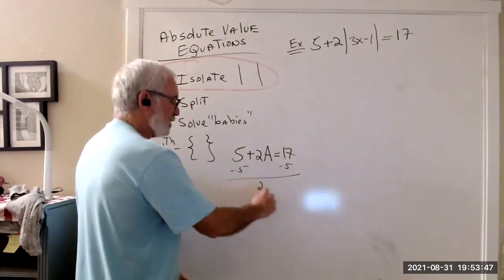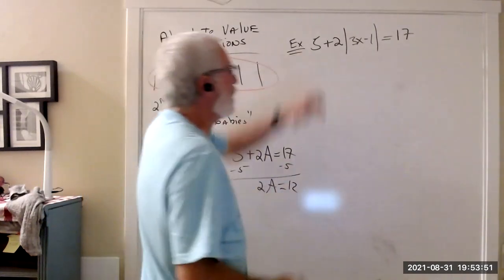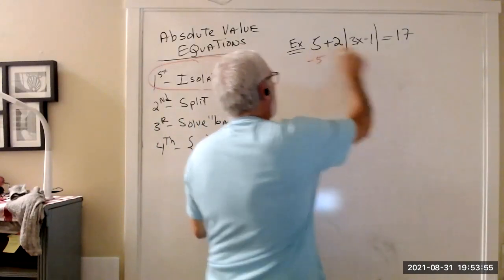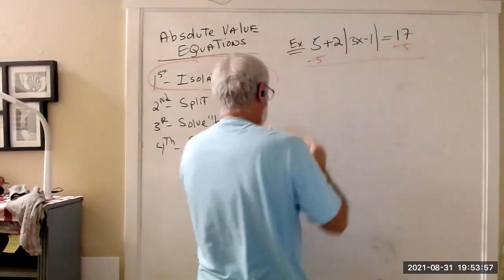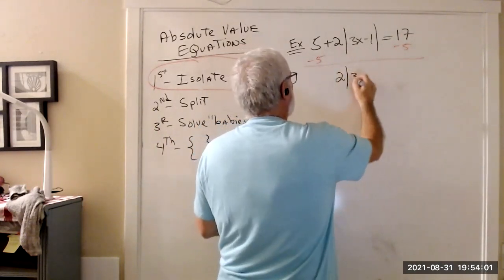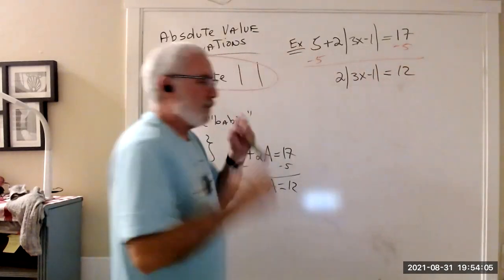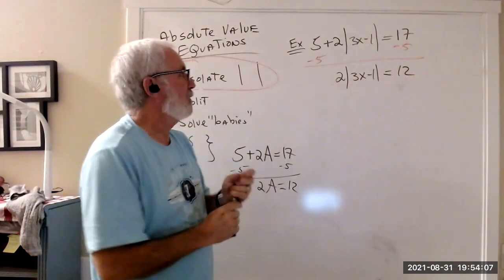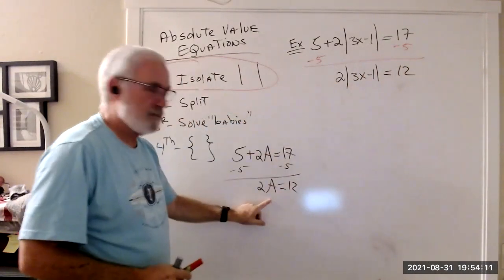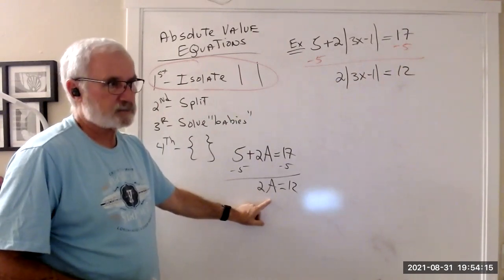And I would get 2A equals whatever that is, 12. So up here, we're going to take 5 away from both sides, and we get 2|3x - 1| = 12. So in my mind, this problem and this problem are identical to each other so far.